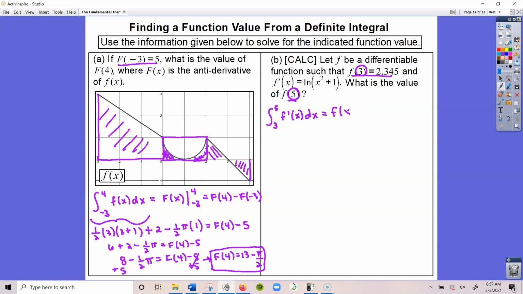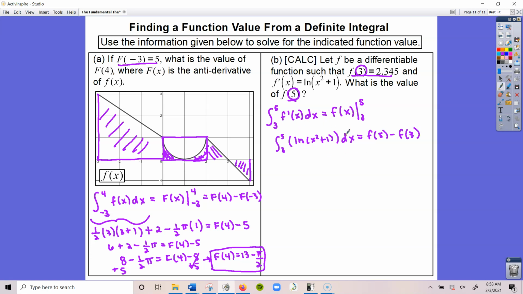To f of x evaluated from 3 to 5. So this f prime of x, that is the ln of x squared plus 1. So my integral from 3 to 5 of ln of x squared plus 1 dx is going to equal f of 5 minus f of 3.